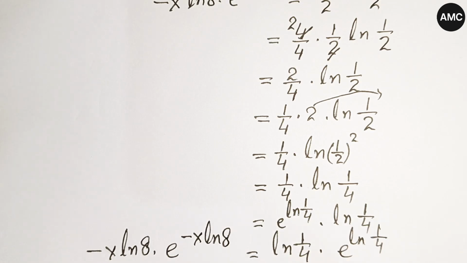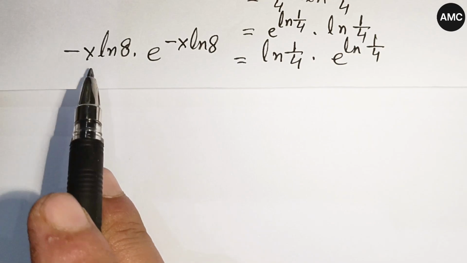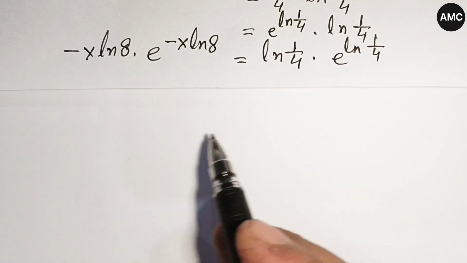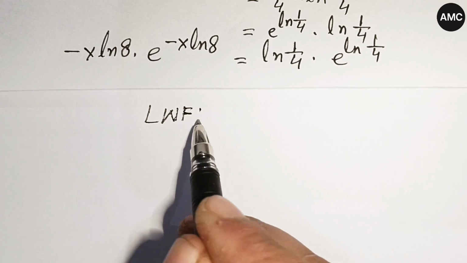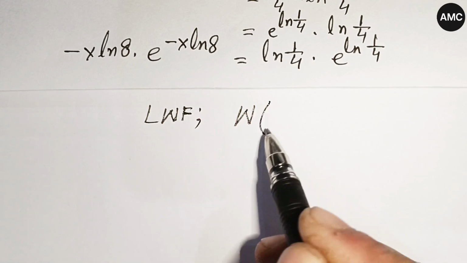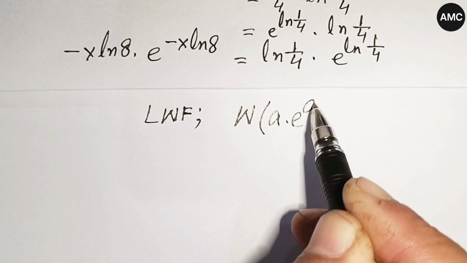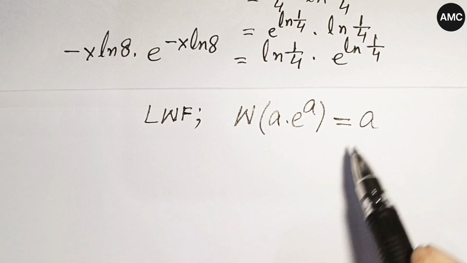Now we see that these expressions are the same, so we can use the Lambert W function. According to the Lambert W function, we know that W of a times e to the power a is equal to a.